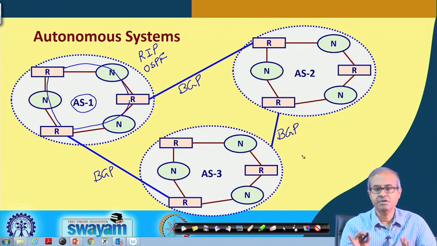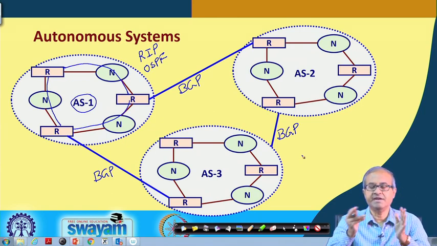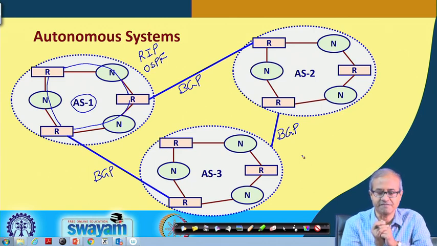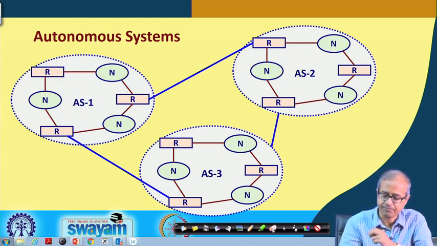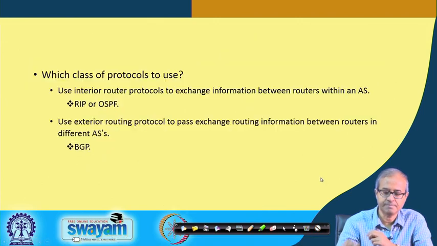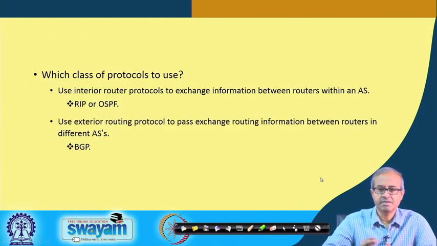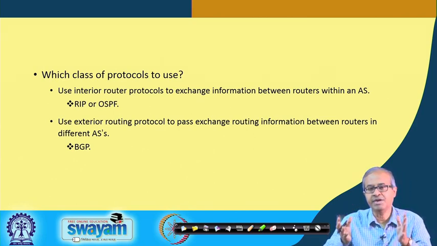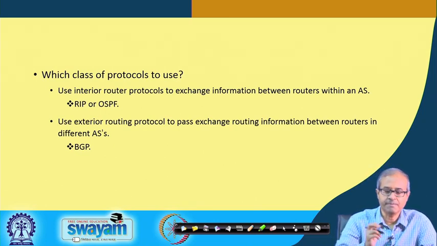This is how these interior and the exterior protocols work, and this is how their scopes are defined. I already mentioned this, but I am repeating once more which class of protocol you need to use for a particular scenario.